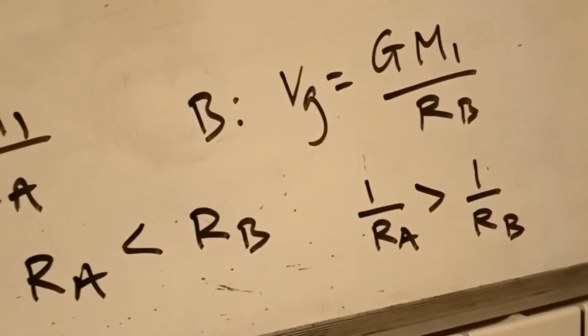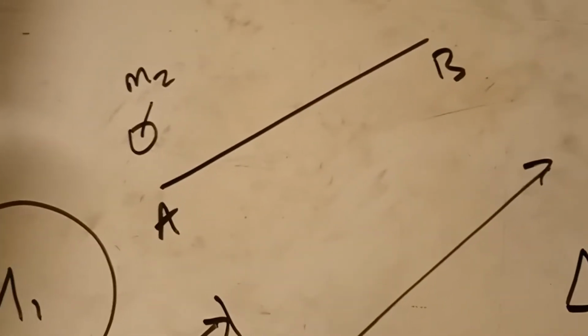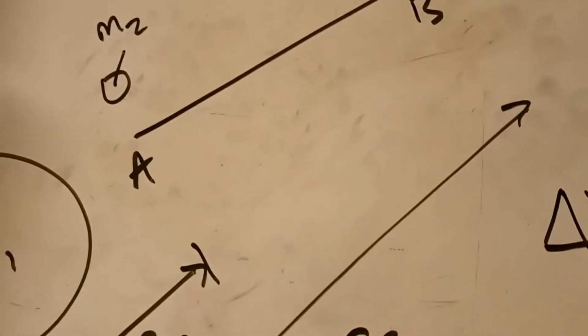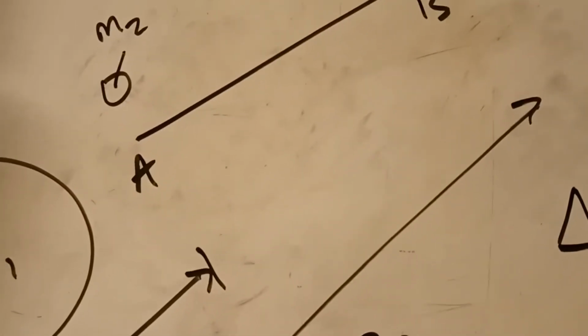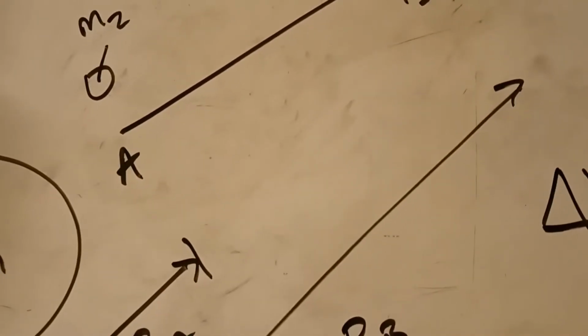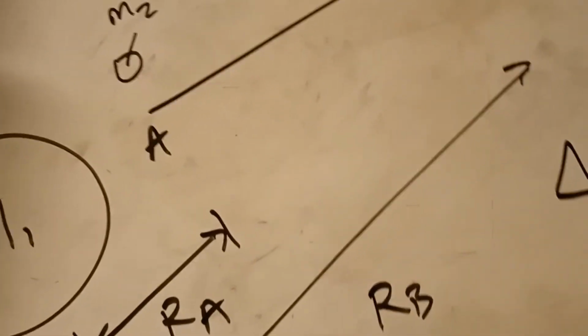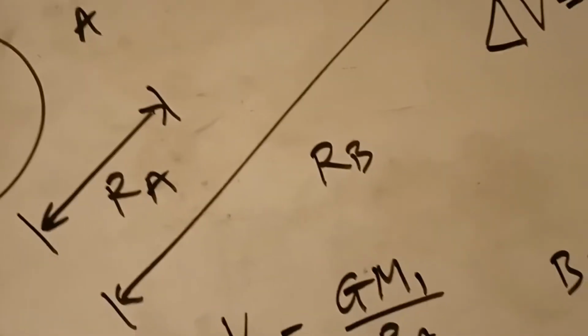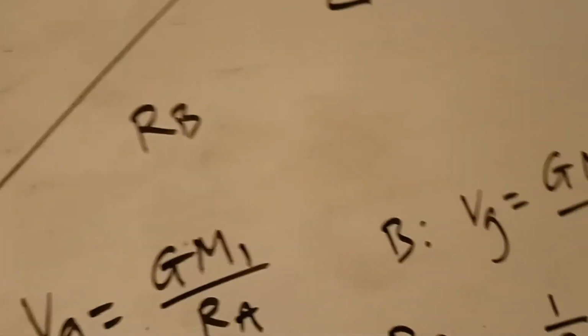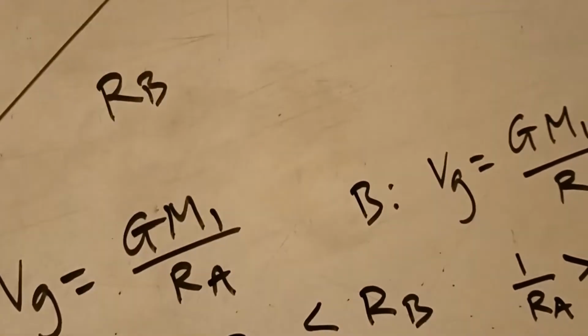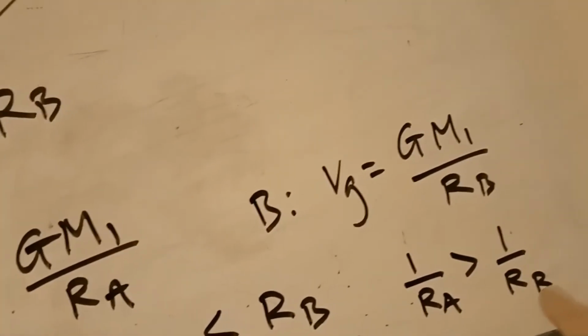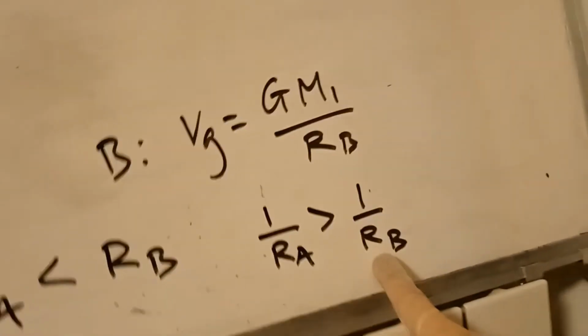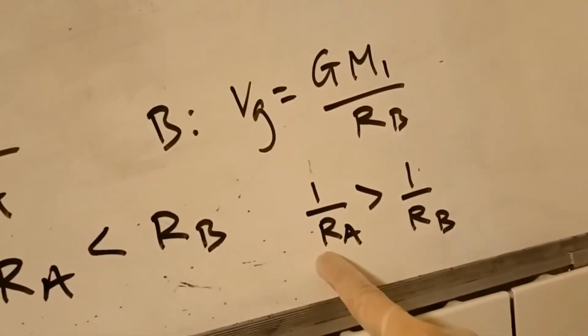You're doing positive work because you're moving from point A to B. That means gravity is doing negative work, and you are doing positive work. So in terms of the gravitational field, it has to be negative, so it must be this one minus this one.